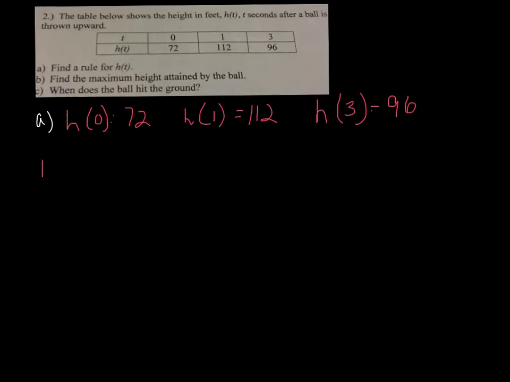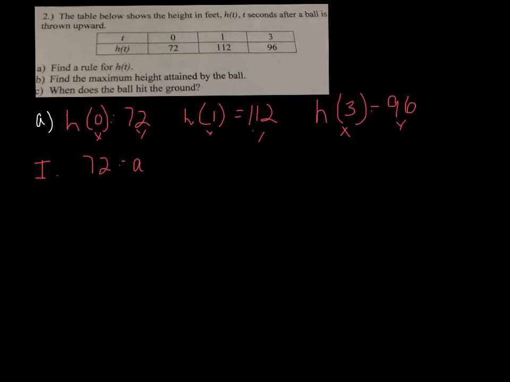All right, so equation number 1. What's the output? It's 72. We're looking for A, B, and C. Remember, what are we plugging in for X? Here's X, here's Y. In place of X, we're going to put a 0.